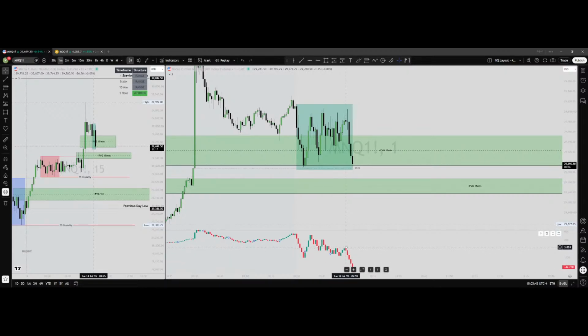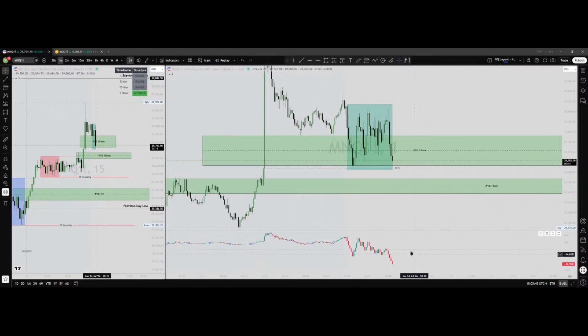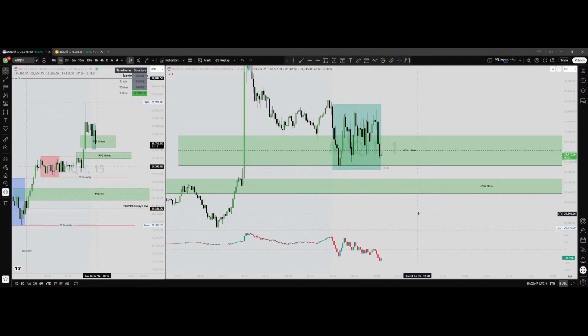Look at this volume. It started moving lower again. Look at this, volume went way lower, but price did not. But this is a little complicated part.